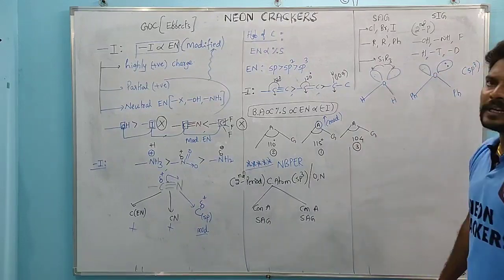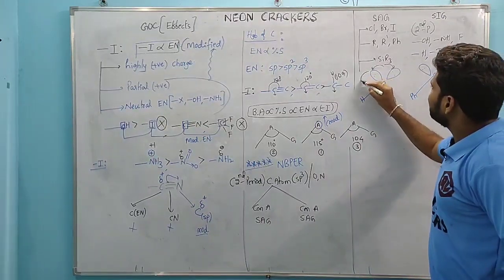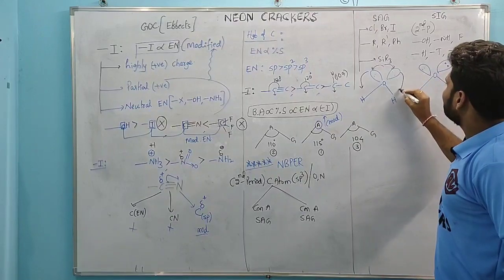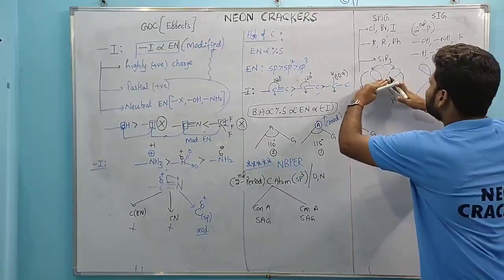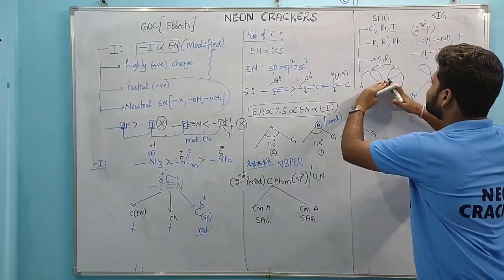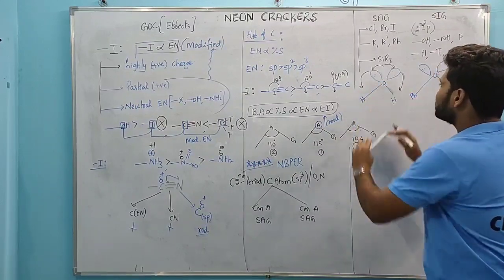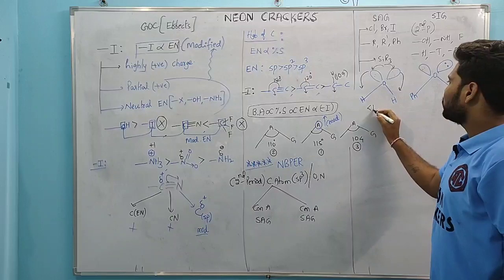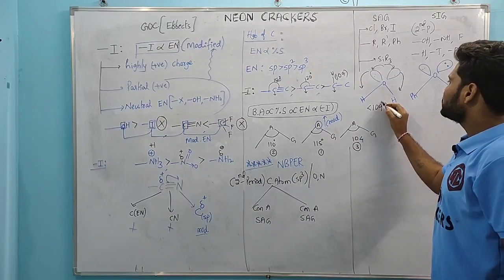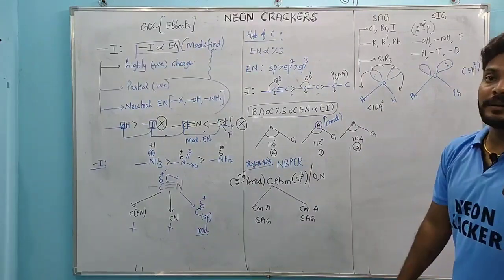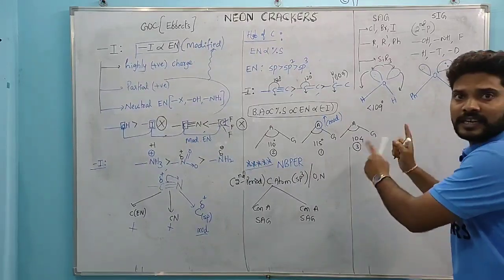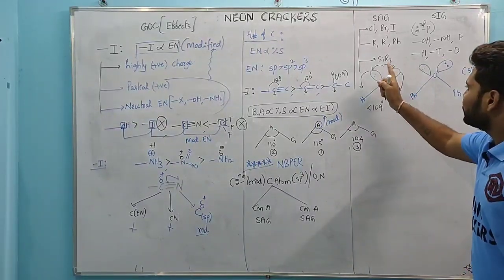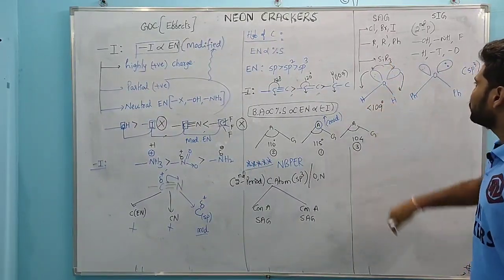Stronger repulsions, LP. Next one, LP-BP repulsions are there. So overall, this bond is getting compressed. So it is expected to have less than 109, which means the sp3 hybridization bond angle. Am I right? Is it clear, beta? Because of that, according to VSEPR theory, less than 109.